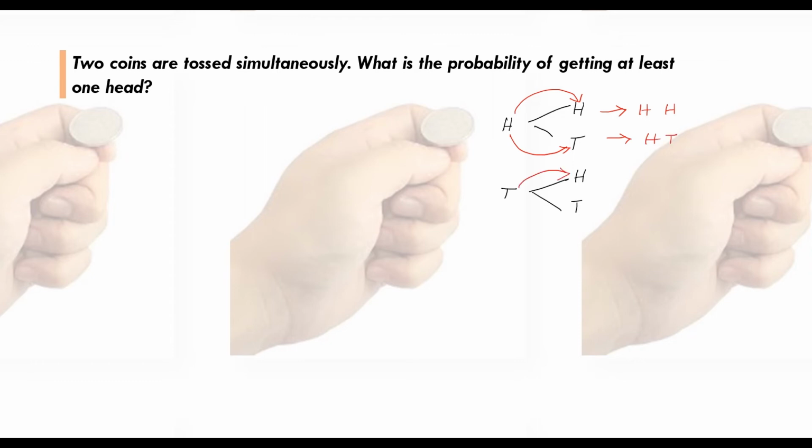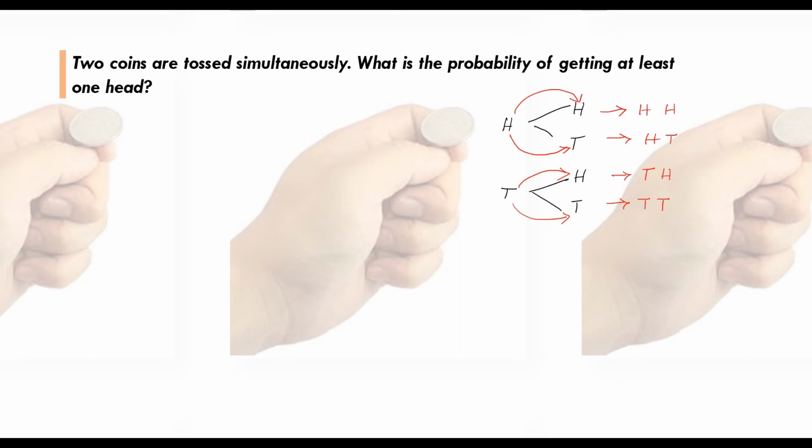The third outcome may be tail and head. And the fourth outcome may be tail and tail. And hence, in this manner, we can get the sample space when more than one coin is tossed. Let us proceed to solve the given sum.